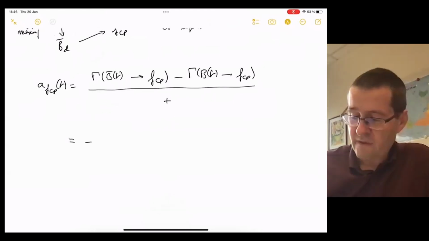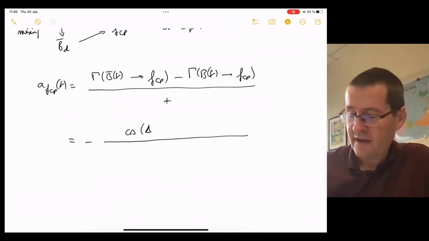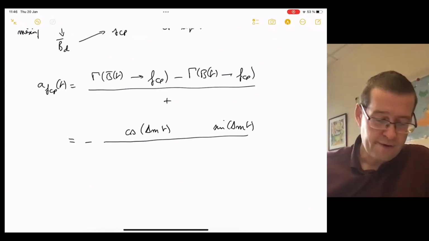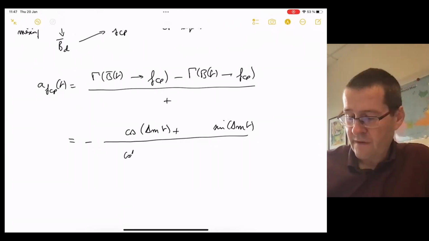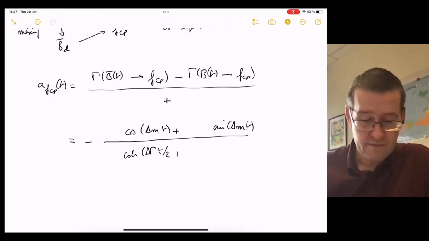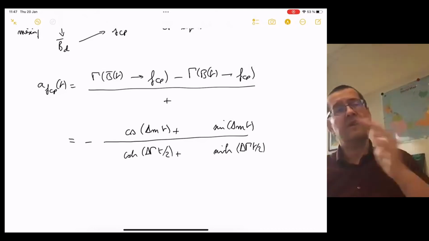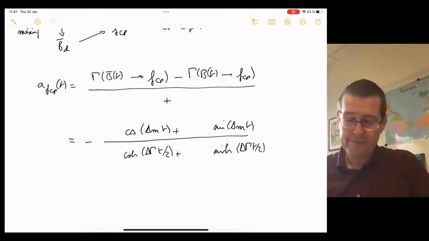And you look at the time dependence of this object. Not very surprisingly, you will start having the mass difference occur. You will also have the difference of width arise, with different cosine and sine for delta M_d, and hyperbolic cosine and sine for delta gamma.